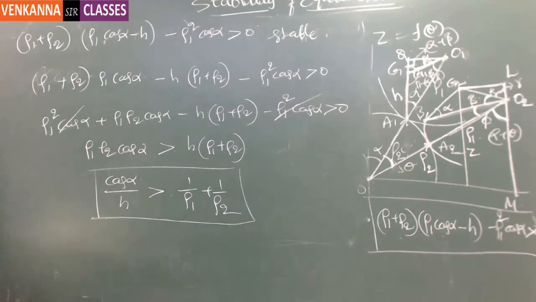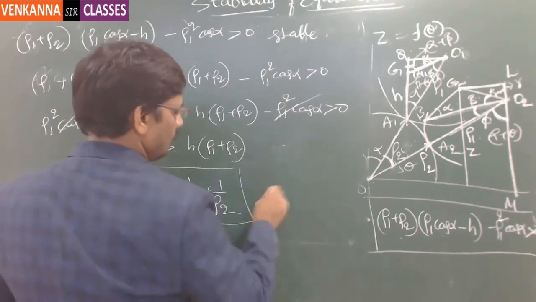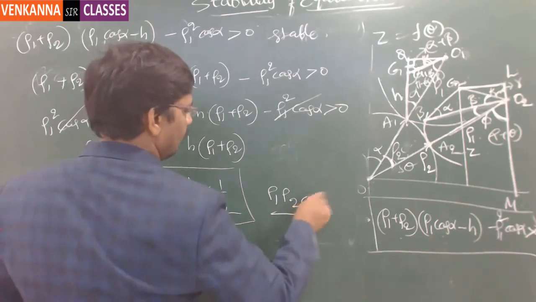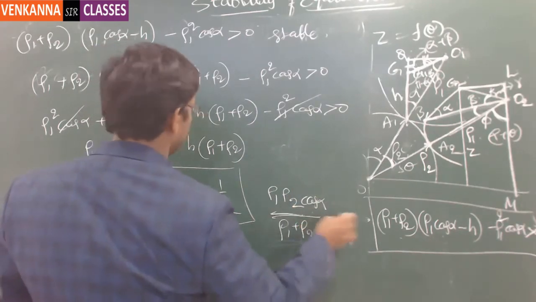Got it? So in the problem statement, actually he asked us to prove that rho 1 rho 2 by rho 1 plus rho 2 format. So that is the same thing you can even express as rho 1 rho 2 cos alpha by rho 1 plus rho 2 is greater than h.